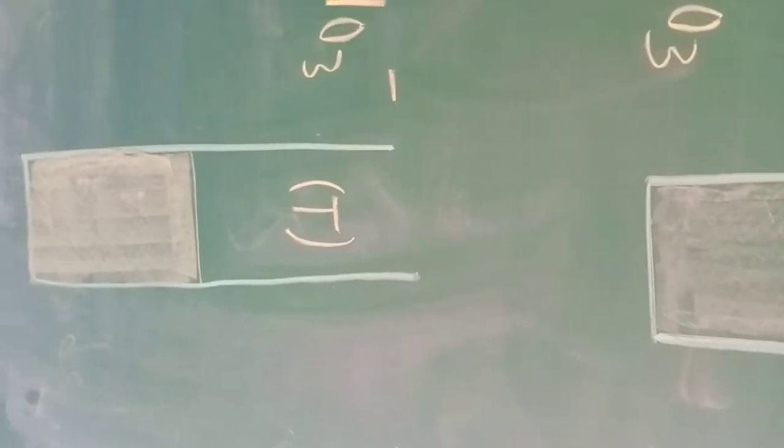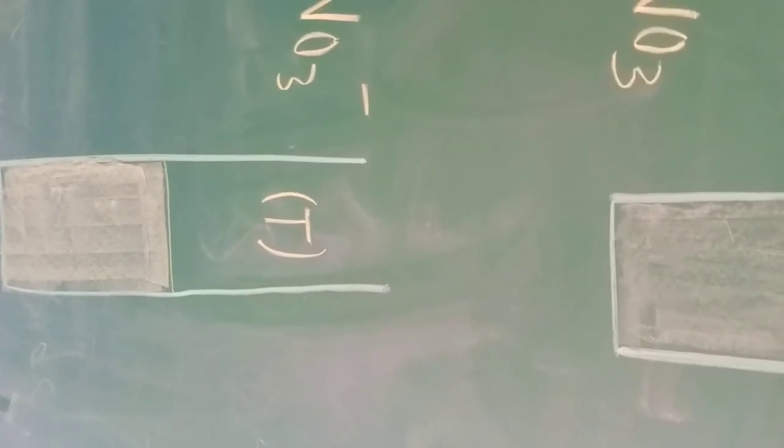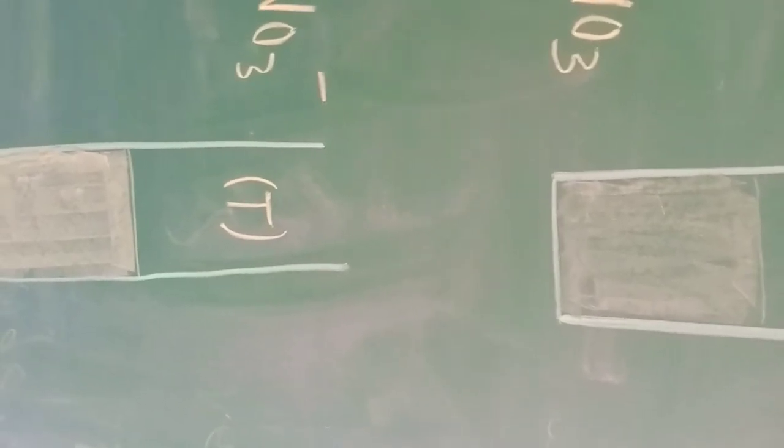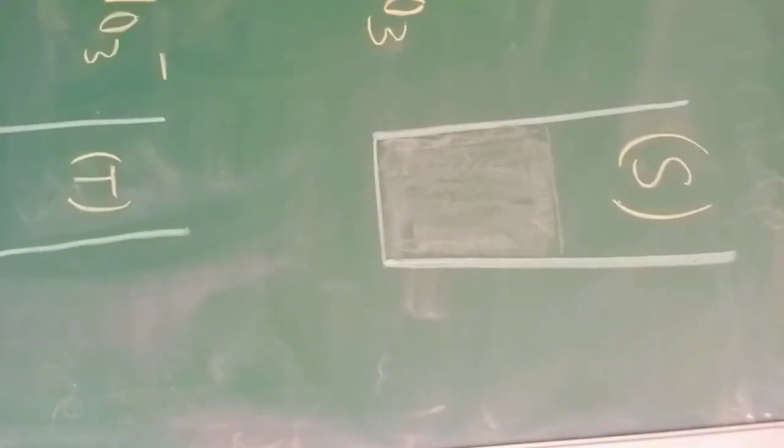So this is the basic platform of how, visually, the net extent of impurity present in test or standard is compared in order to determine its net concentration.